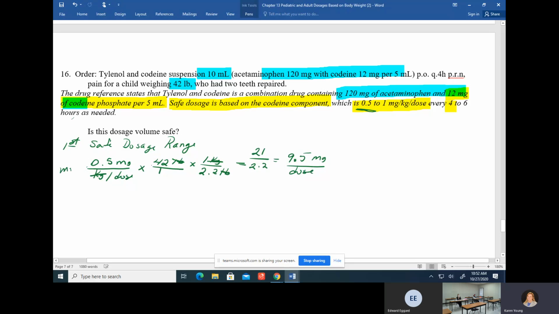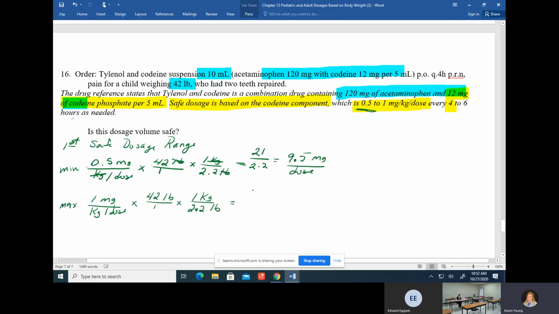So this was my minimum. To do my maximum, same thing, except I'm using the 1 milligram per kilogram per dose. Child's weight still 42 pounds. Still doing my conversion, 1 kilogram, 2.2 pounds.